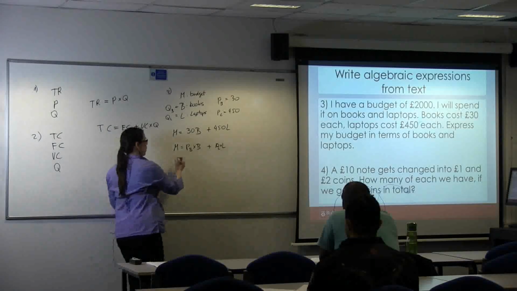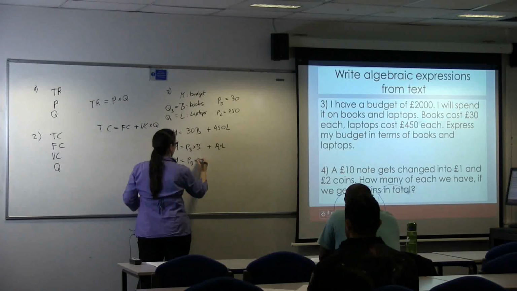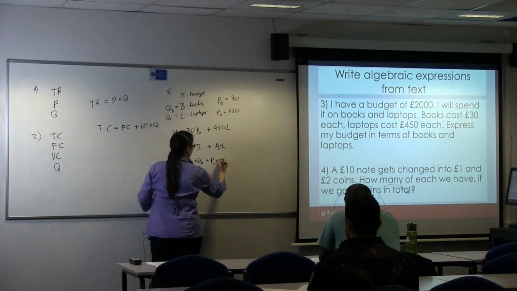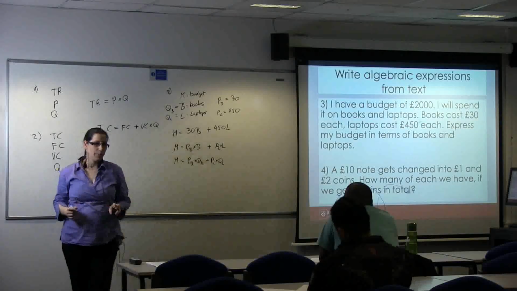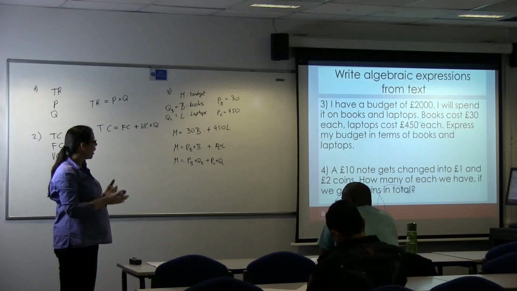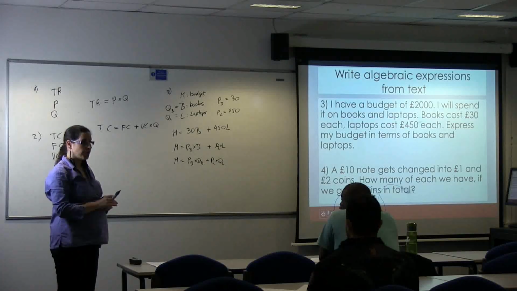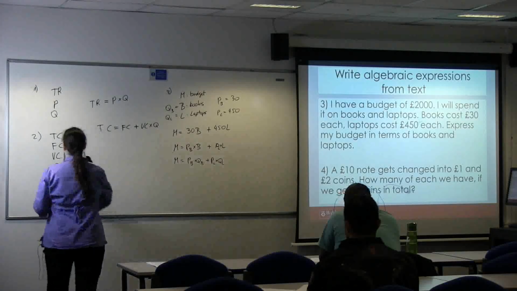So this generic formula, then you might come across with price of B times quantity of B plus price of L times quantity of L. That's probably more familiar if you study business. But as I said, you have got a little bit of freedom when it comes to choosing the notation if it's not specifically given to you.